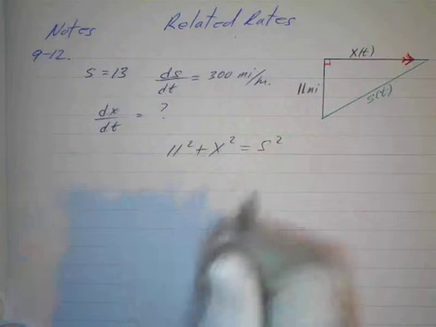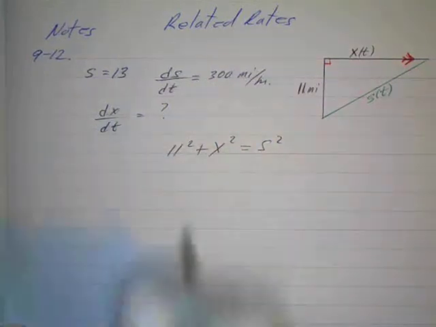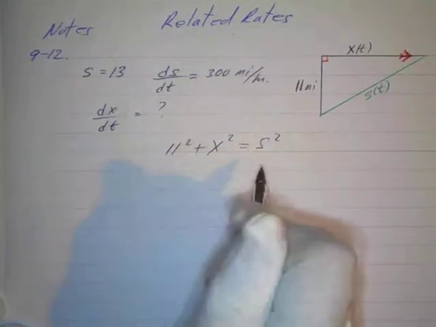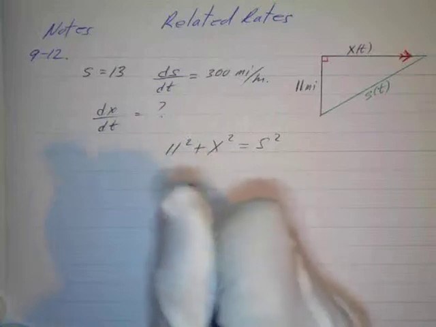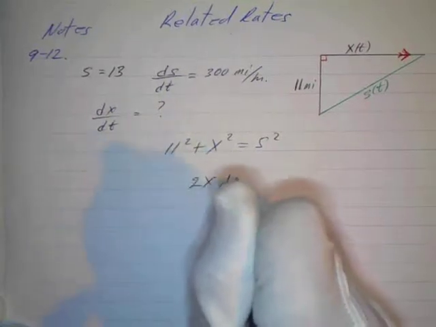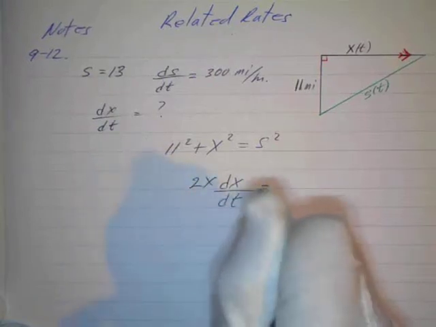So we'll take the derivative of everything. The derivative of 11 squared is just, that's a constant. So don't say it's 2 times 11. It's a constant, it's like 121, and that's just going to be 0. And the derivative of x squared is 2x times dx dt, because we're taking the derivative with respect to t, not x.